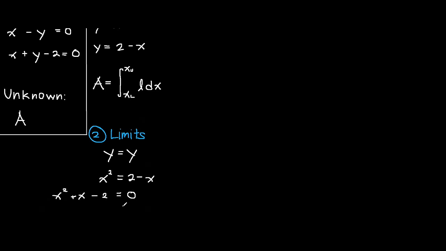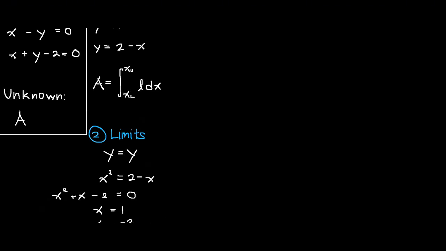Punta ka na sa calculator mo. Merong shortcut niyan na mabilisan. Punta ka sa mode, equations, 3 I think. And type mo lang yung coefficients dyan ng quadratic equation. In this case, we have 1, 1, negative 2. And you should receive x is equals to 1 and x is equals to negative 2.